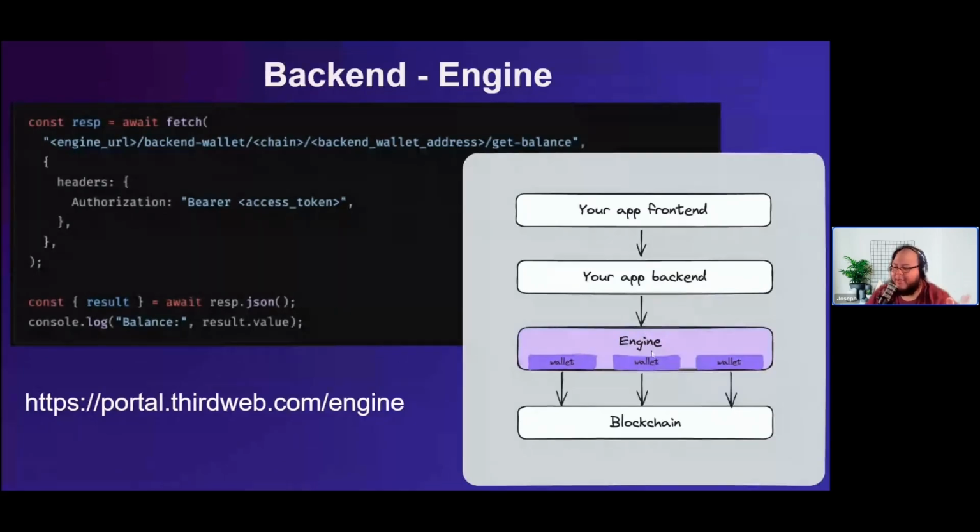Remember, these are your backend wallets, and then it will actually interact with the blockchain and come back with your information, either updated states, or maybe transactions that you called or performed. All of this will come back to Engine, and then again, you can use that information to update your backend, and then finally your front end, right? So very, very powerful tooling here. This is your gateway into blockchain transactions through API calls.